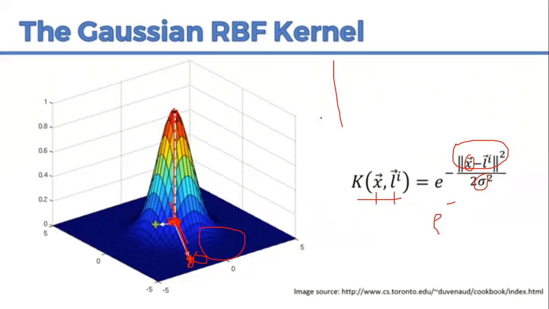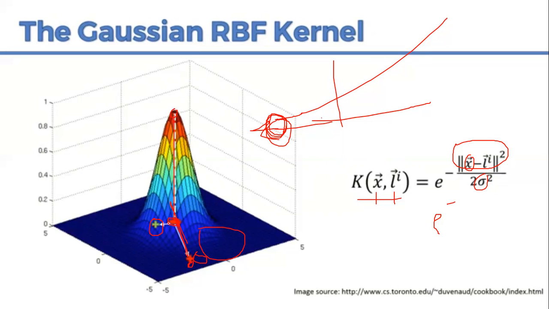The graph of e to the power minus x looks like this. If you go for e to the power of a very negative number, you get a value almost close to zero. And you talk about any point which is closer to the landmark, right?